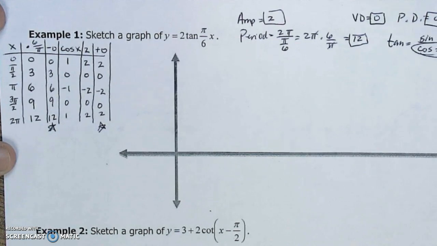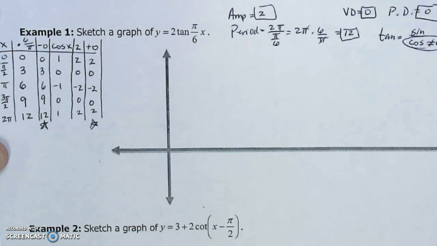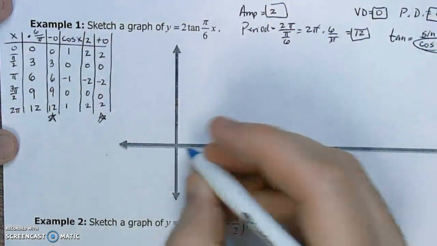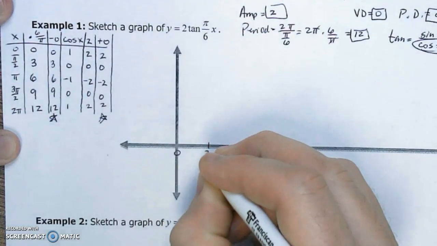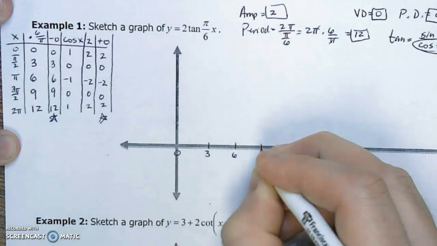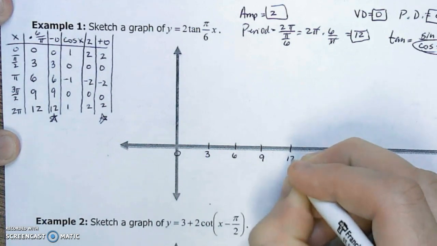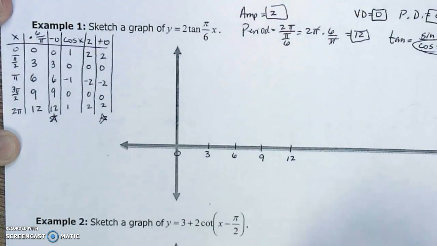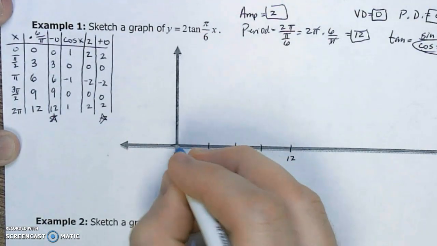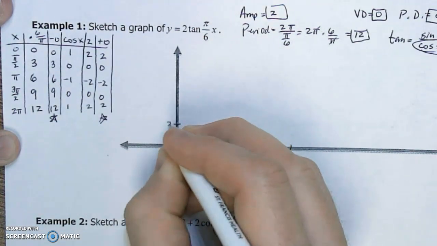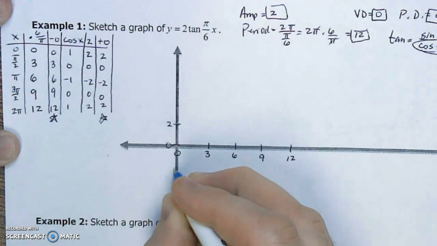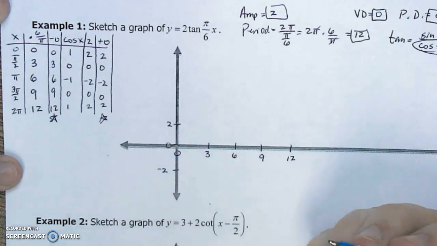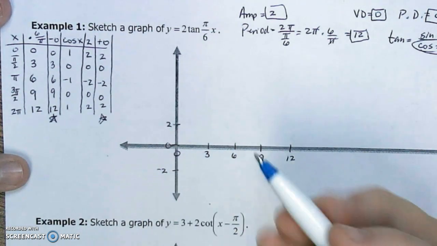So let's go ahead and make this cosine graph first. We start with our x values. 0, 3, 6, 9, 12. Then we put our y values, 2, 0, and negative 2. And at 0, we have a point at 2.